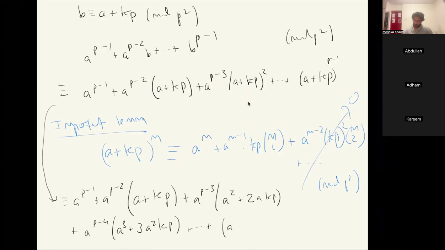And the last term will be a to the p minus 1 plus p minus 1 a to the p minus 2 kp. Yes. This right?